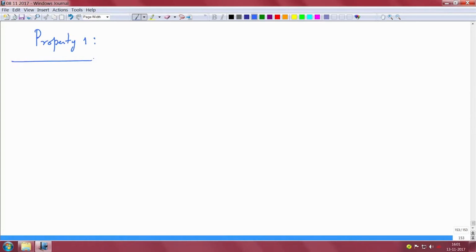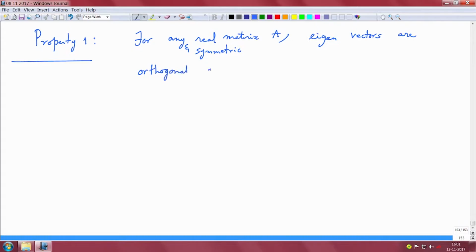Property 1, for any real matrix A, so it is real, and I also need to bring in the symmetric property, real and symmetric matrix A, eigenvectors are orthogonal if eigenvalues are distinct.